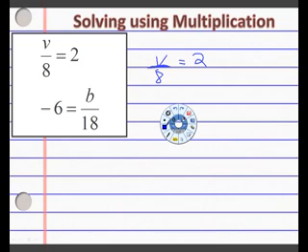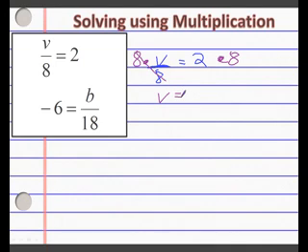So instead of dividing by 8, I need to multiply by 8 on both sides. So 8 divided by 8, again, is 1. It's going to leave v by itself on the left side. And 2 times 8 is 16.